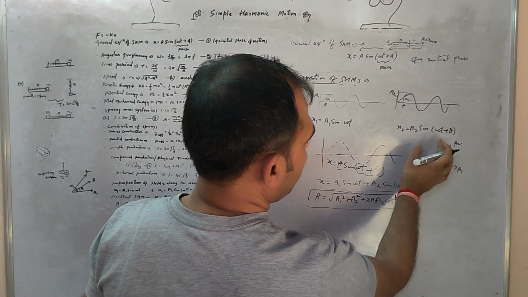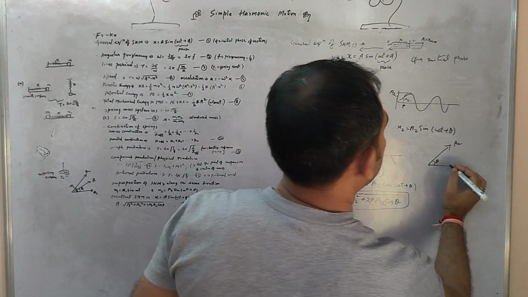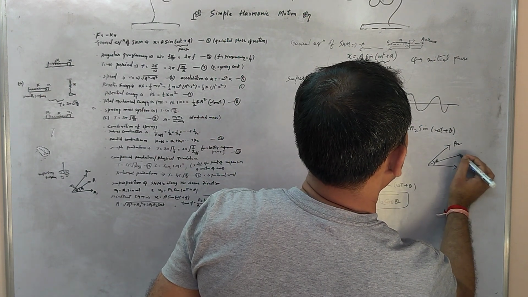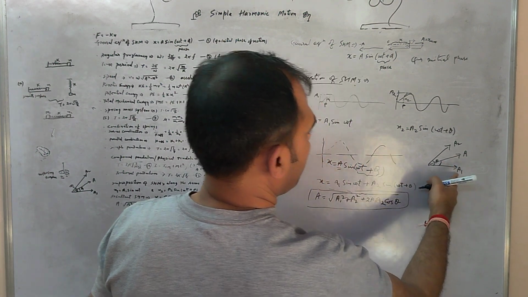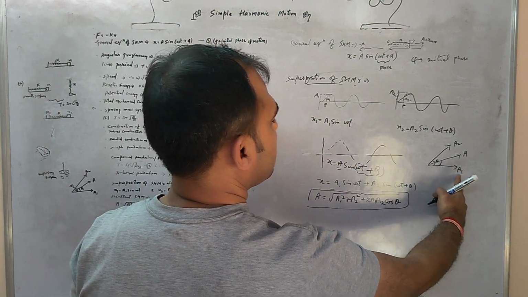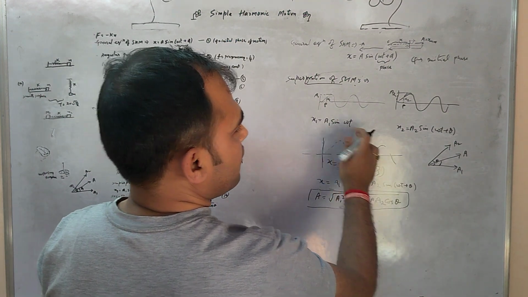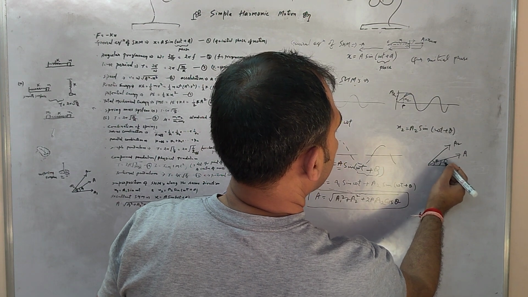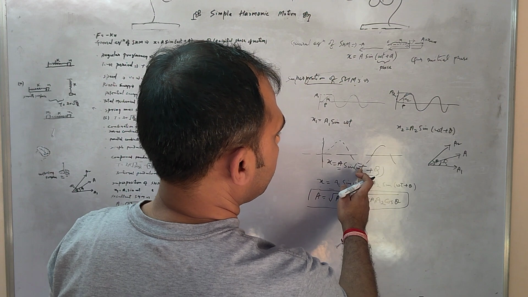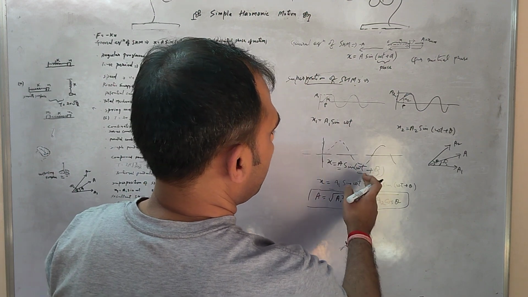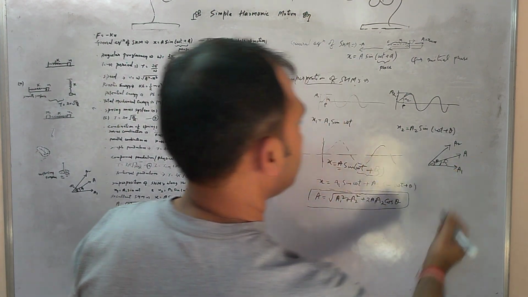Now the resultant is this A. So the phase of the resultant from x1 is omega t plus phi.